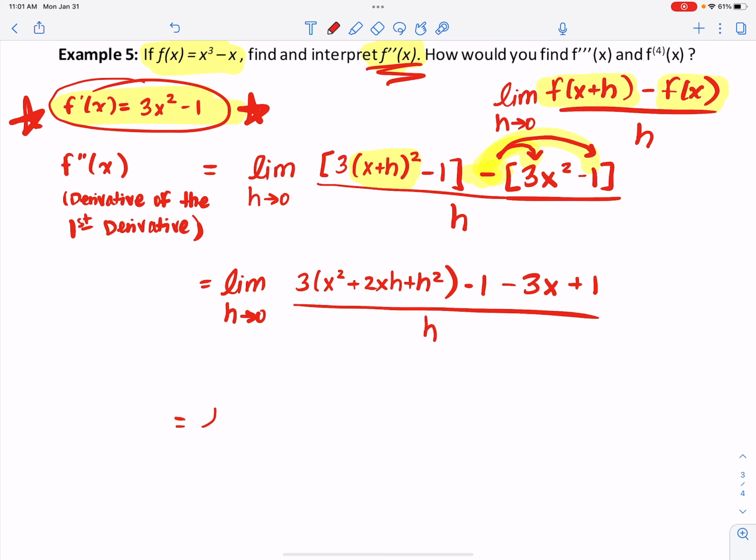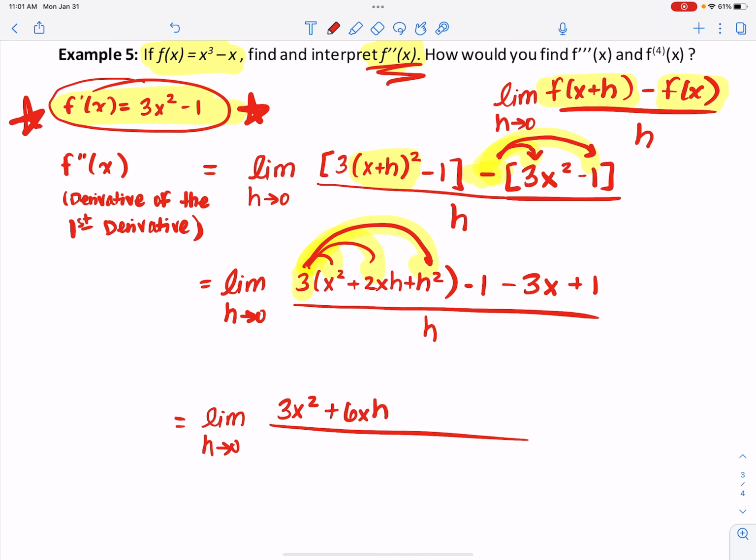All right, we can simplify this a little bit more by distributing that 3 outside the parentheses to everything inside the parentheses. Once we do that, we'll have a numerator of 3x squared. 3 times 2 is 6xh. 3 times h squared is 3h squared. Minus 1 minus 3x squared plus 1.